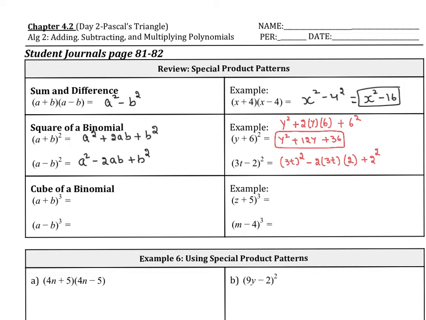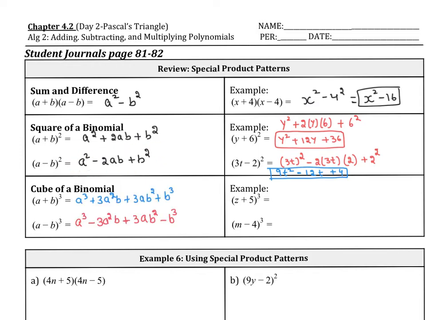So the answer is going to be 9t squared minus 12t plus 4. Just remember that 3t means a, 2 means b, and plug it into this formula.